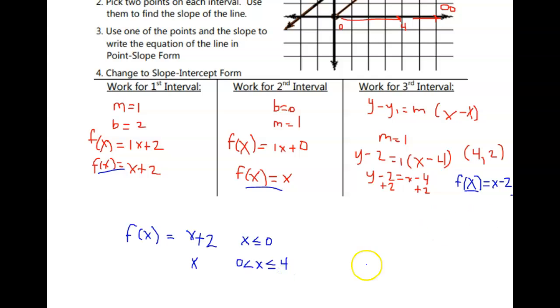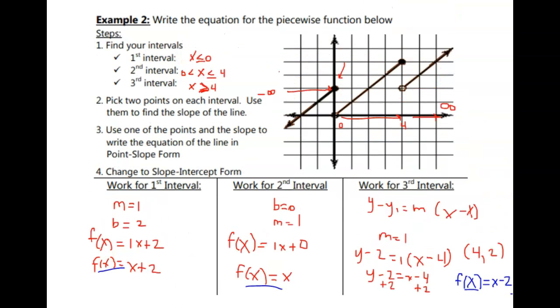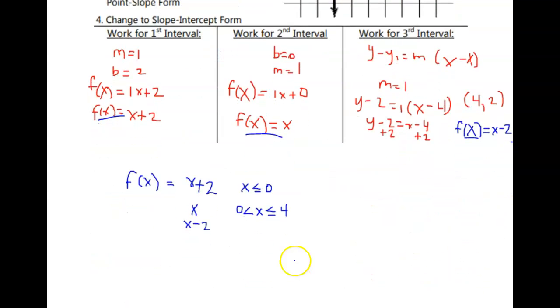The last interval is x minus 2. I will just write that underneath, x minus 2. And the restriction or the boundary on that was when x is greater than 4. So I just write that here, x is greater than 4. And then I'll put a bracket on here because these go together. And I have written my piecewise function.